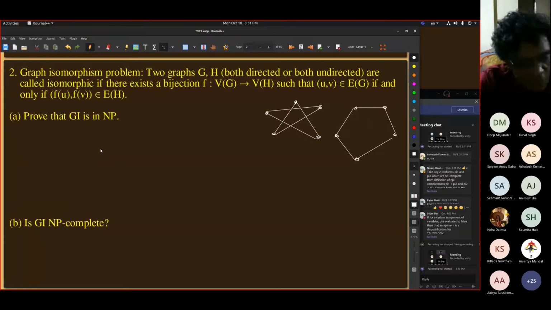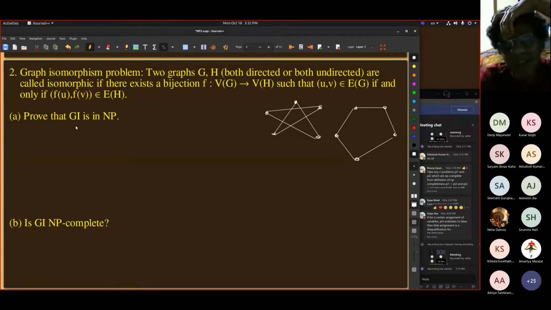The better and more conventional way is to provide a certificate, of length polynomially bounded by the input size. And also you should convince that this certificate for a member in the accept instances can be verified in polynomial time in the size of the input.